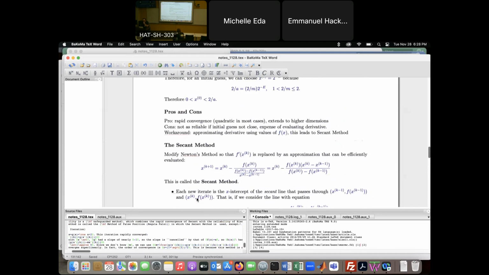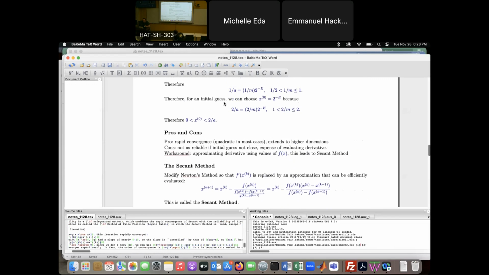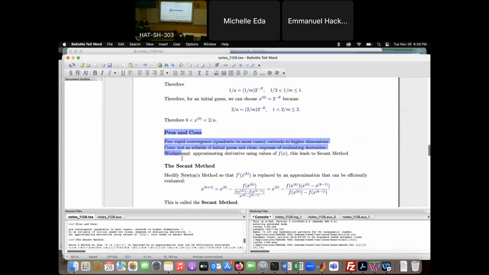But isn't it that right before that, you kept saying it's guaranteed to have a viable guess using the thing right before? Oh, for this example. These pros and cons are for talking about root finding in general.